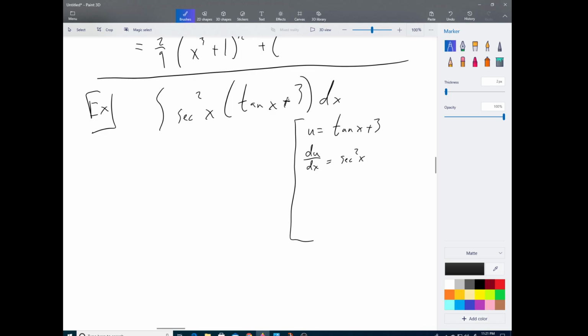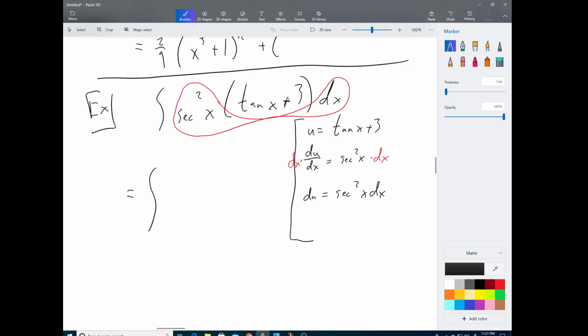All right, so we're going to do that trick again, where we're going to multiply both sides by dx. And when I do, I get du is going to be the same thing as secant squared x dx. And it's always a good idea to go back and just verify, is that in the problem exactly? Because if it's not in there exactly, you're not done with that part of the problem yet, with the substitution.